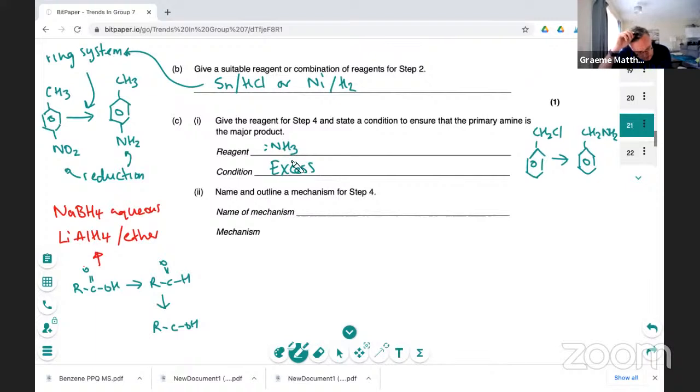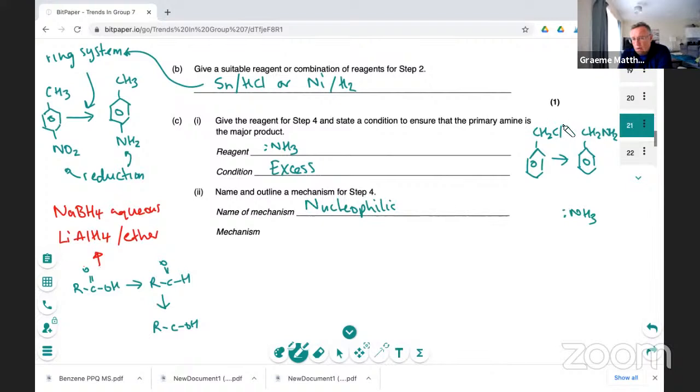Now, name of mechanism. Well, my amine is definitely a nucleophile like this. And so it's going to be a nucleophilic substitution. I'm just looking at this equation that they gave us up here for step 4, right?